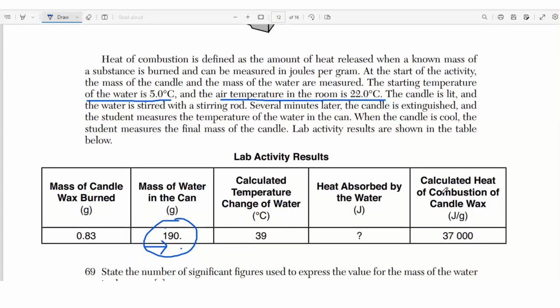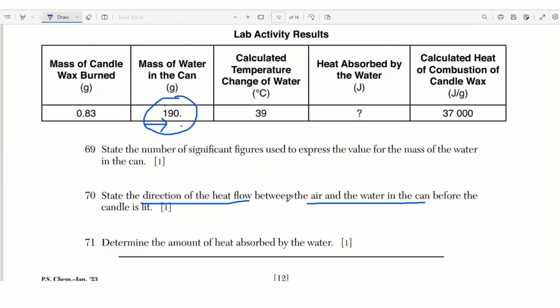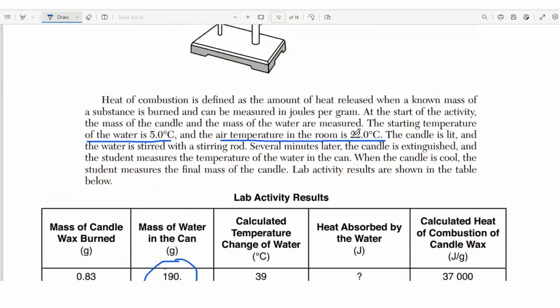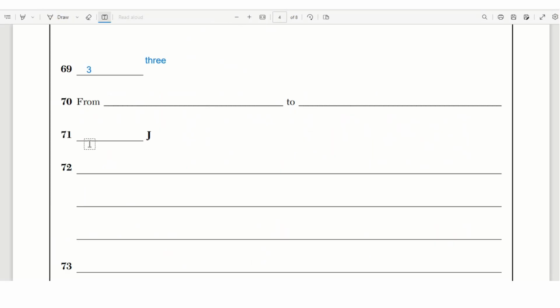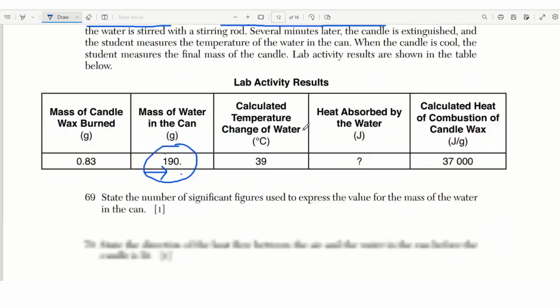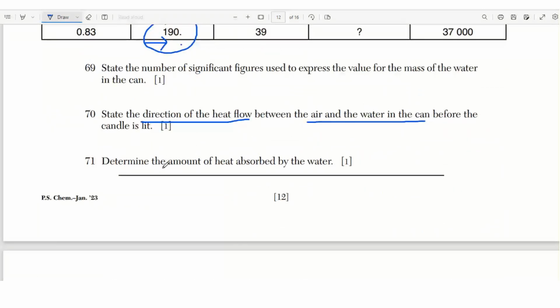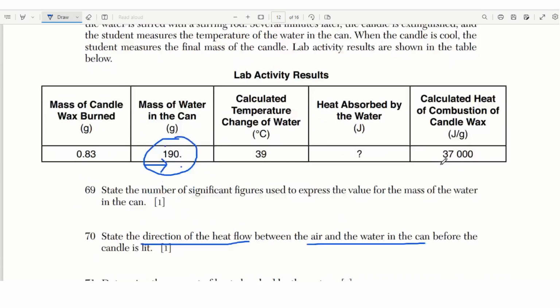So what is happening? The direction of heat flow goes from warmer to colder. So the air is warmer than the water. Okay. So it will go from the air to the water. That's it. Okay. And determine the amount of heat absorbed by the water. Okay.